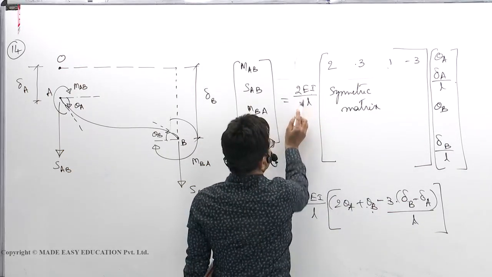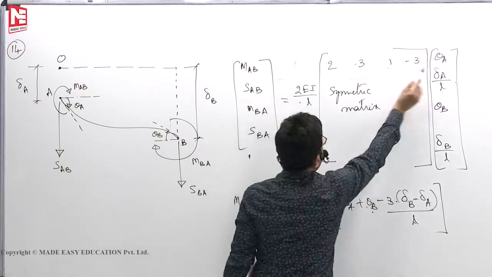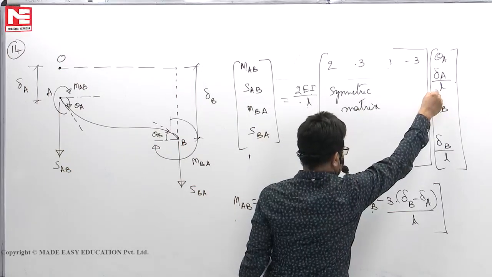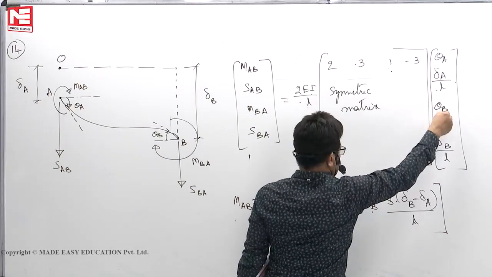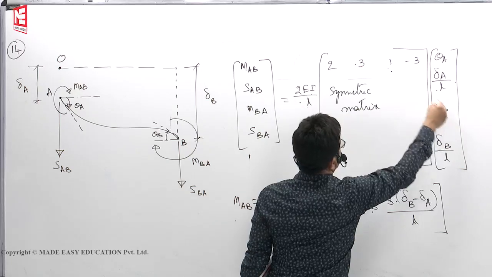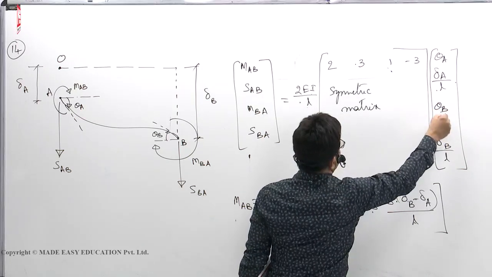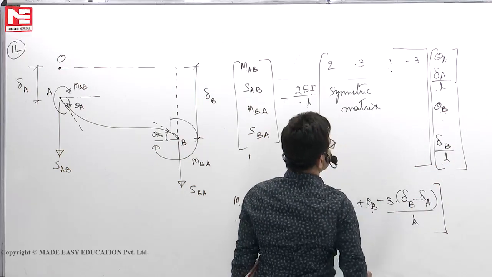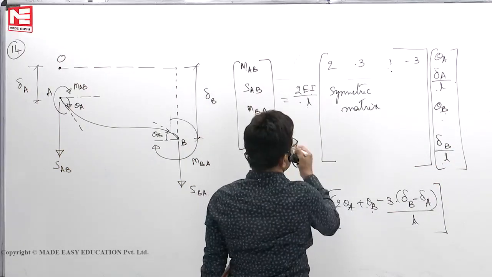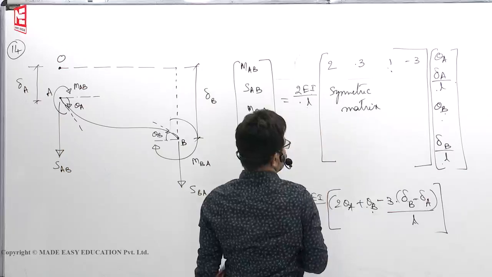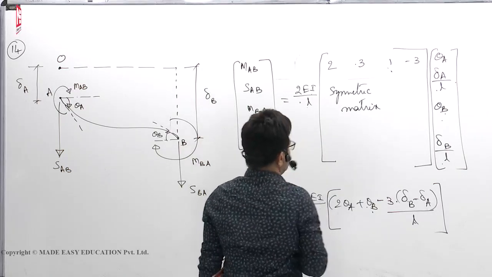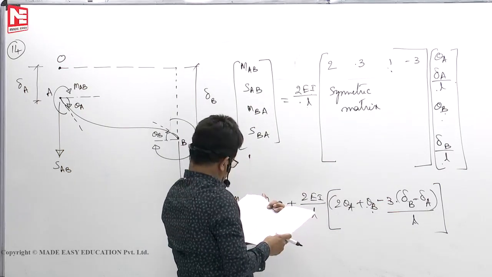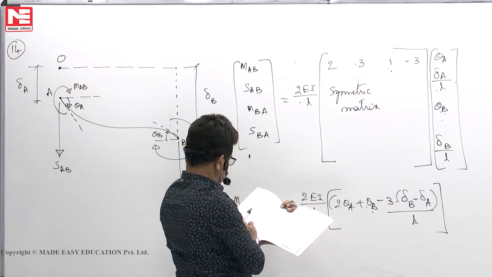Now you see 2EI by L into 2 theta A plus 3 delta A by L plus theta B minus 3 delta B by L. So matrix multiplication is like that. So 2, 3, 1, minus 3. Is there an option matching?